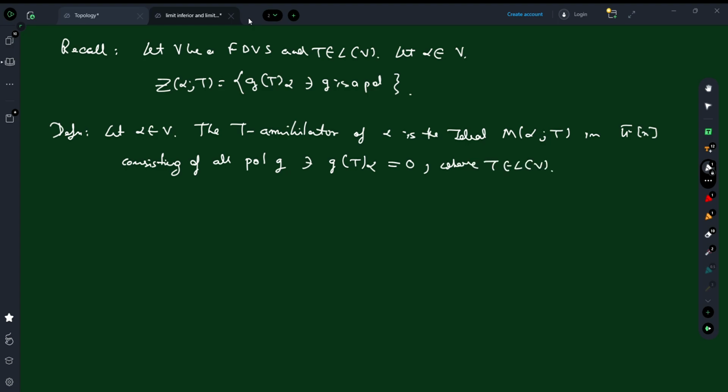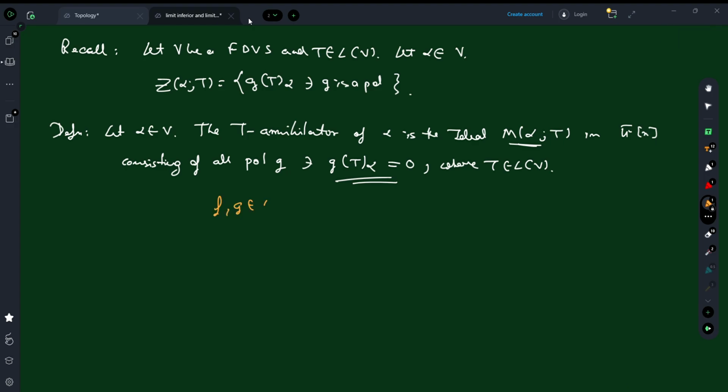Now it's obvious why this is an ideal. If you choose two elements from this set, then the difference of them will also behave analogously, and if you multiply with any other polynomial, the product will also send the vector alpha to 0.